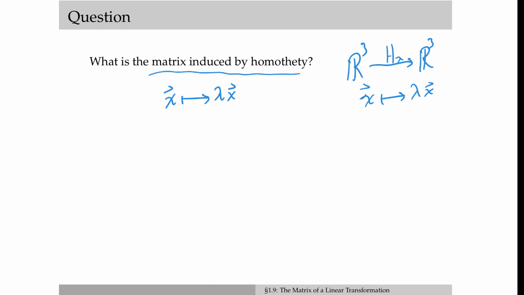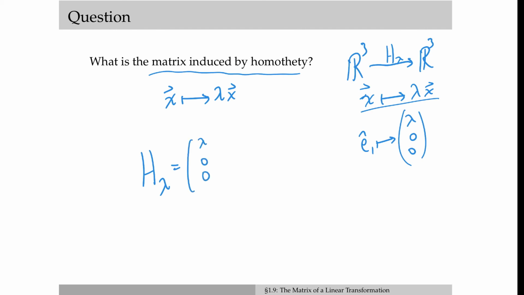Alright, so what's it going to do? Then the matrix h sub lambda, well, what's h sub lambda do to E1? Well, E1 is going to go to lambda, 0, 0. Right? Just by this right here. So that's lambda, 0, 0.